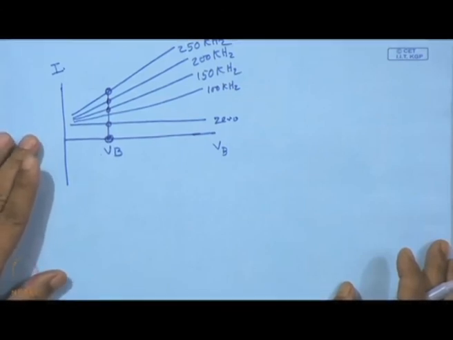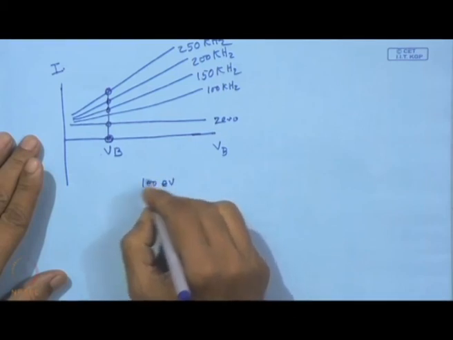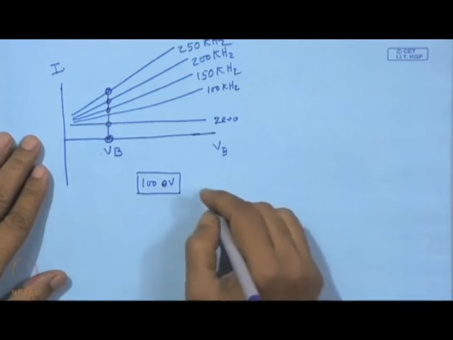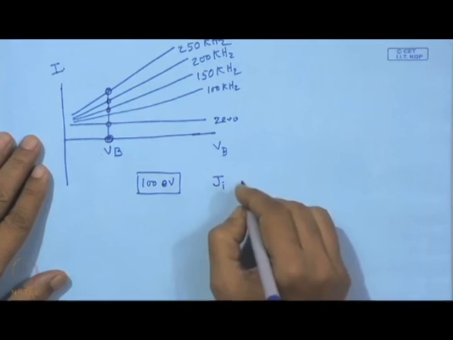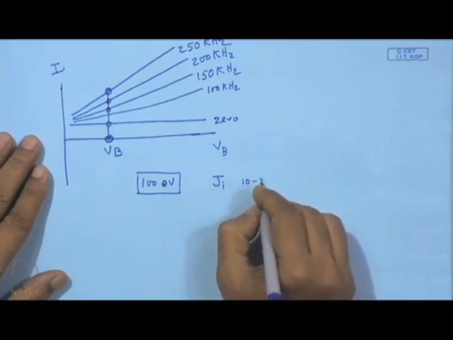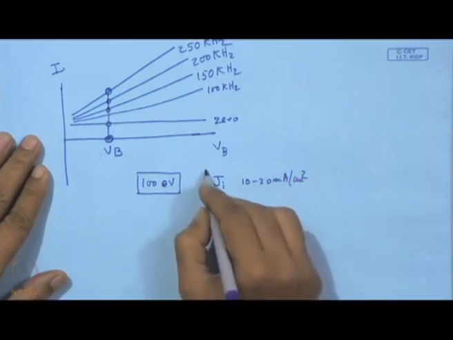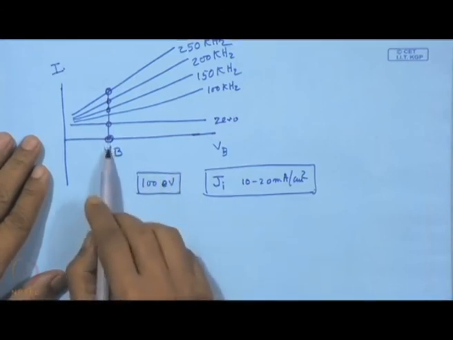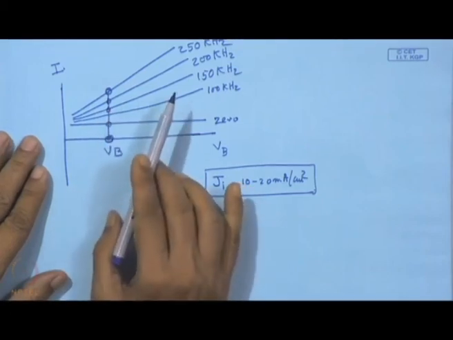That means, with low ion energy, which is less than minus 100 electron volt, we should be able to draw current such that the ion current density is in the order of 10 to 20 milliamp per square centimeter of the substrate.